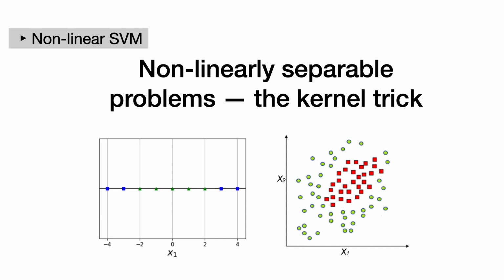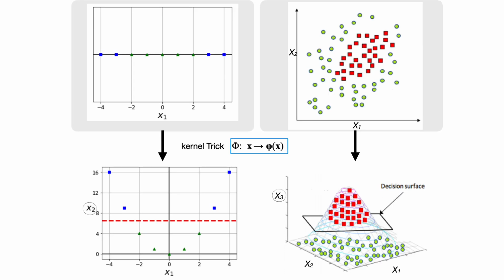You cannot separate two classes here with a hyperplane or straight line. So a univariate problem on the left and a two-dimensional one on the right, no straight line whatsoever to do the job, right? Is there anyone you can suggest? Of course there isn't. But how if we deal with it differently?